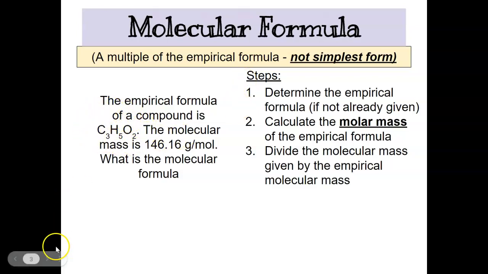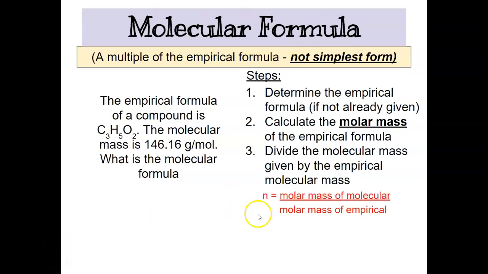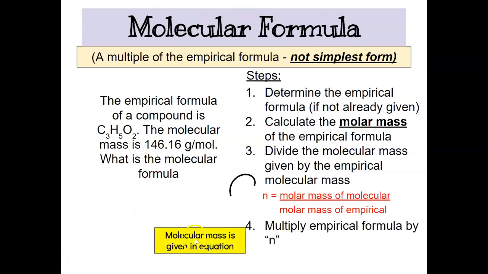So another fractional problem. Our N is going to be the molar mass of the molecular divided by the molar mass of the empirical. And then we're going to multiply that empirical formula by that value of N.